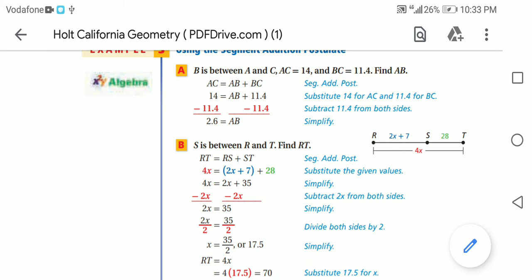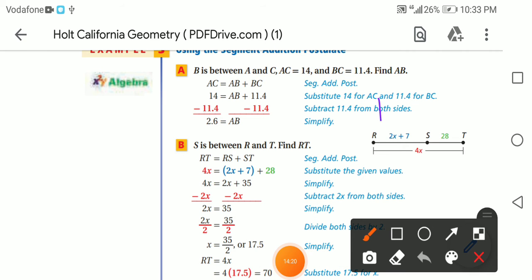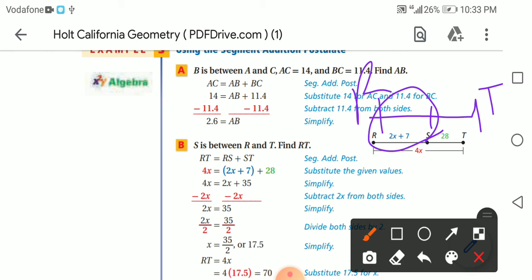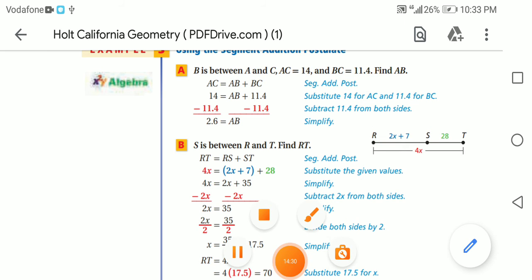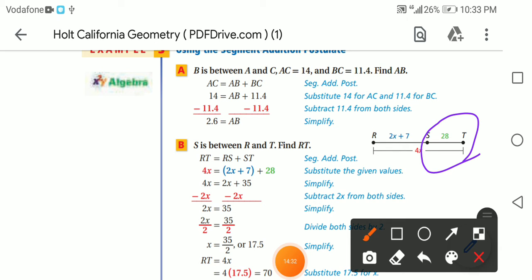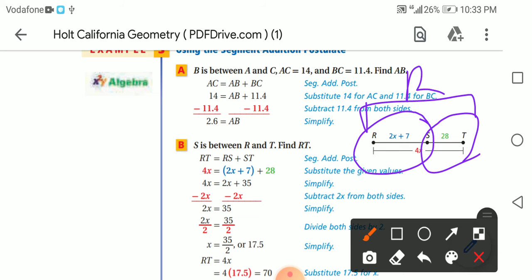Again, I have RT as a whole, and I have RS plus ST, which gives you the whole RT. Easy? Yes.